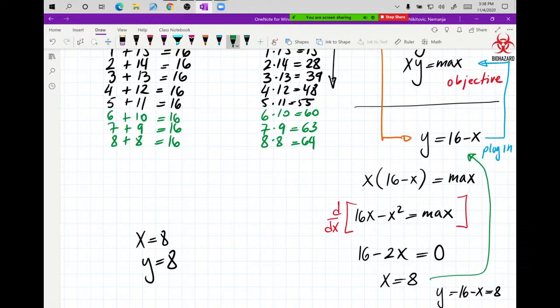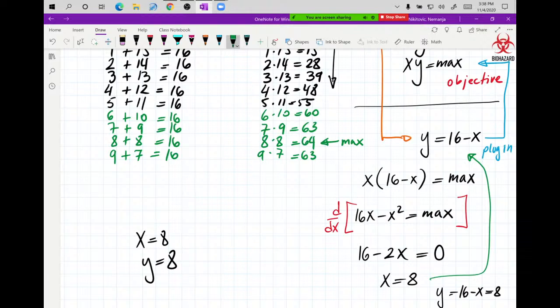Now, if you are to go and push into 9, then that's going to be 9 plus 7 is 16. That's your constraint side. And now you see that you're going back into a 63, right? So you hit your max value.